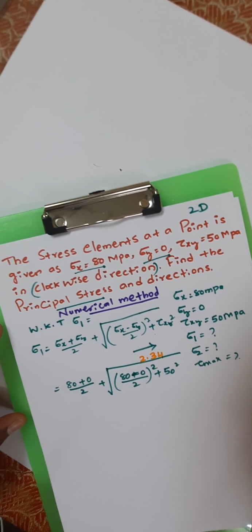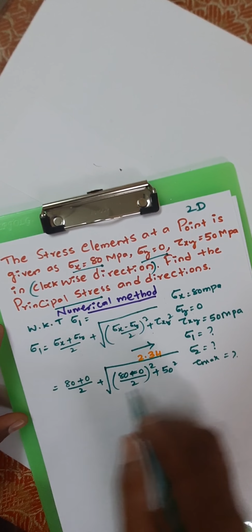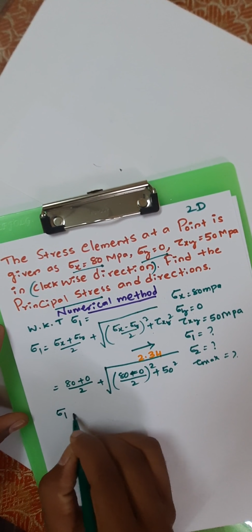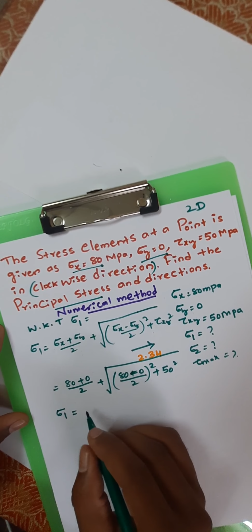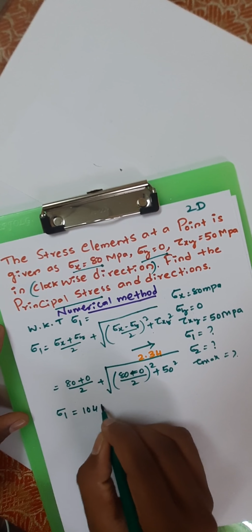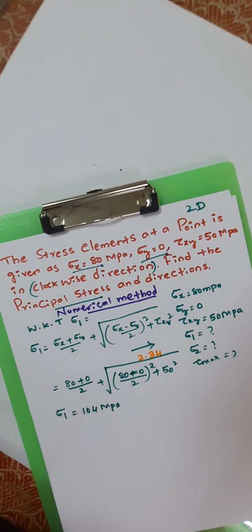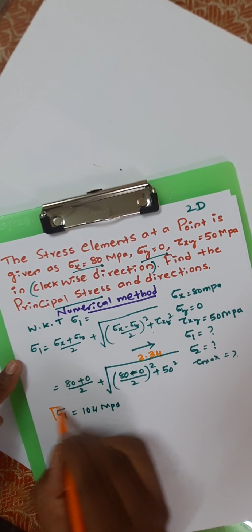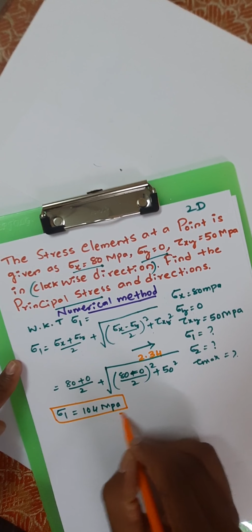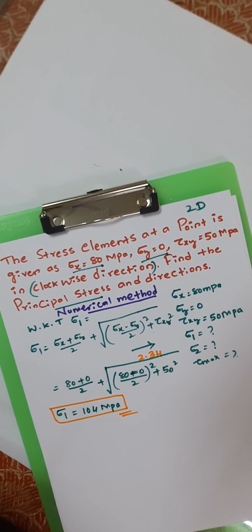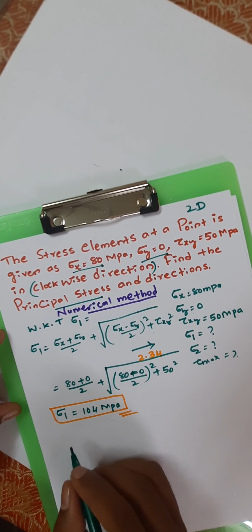Now you see here, this is sigma 1. If you simplify this, we will get sigma 1 equal to 104 MPa. Then what we need to find out? We need to determine sigma 2.